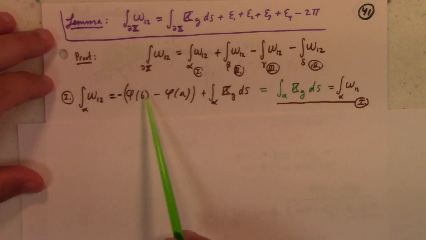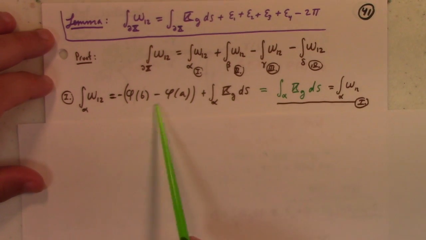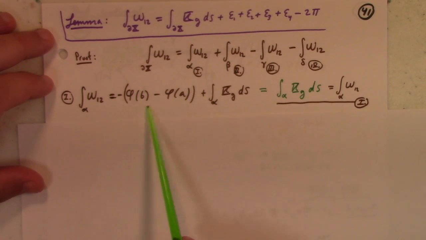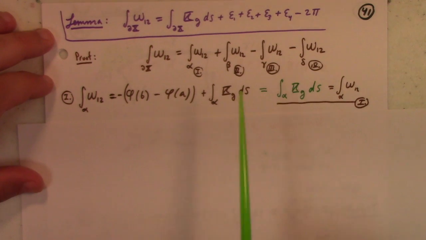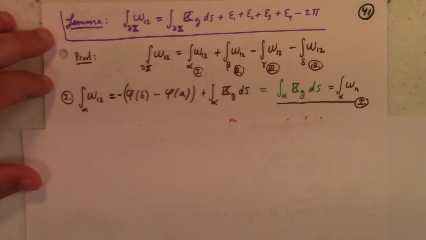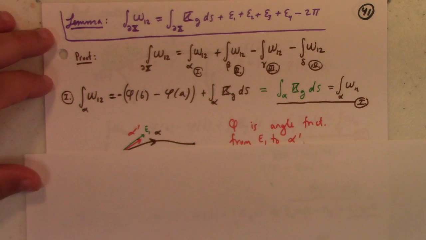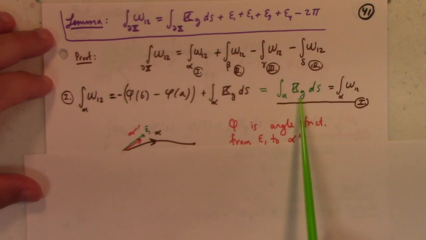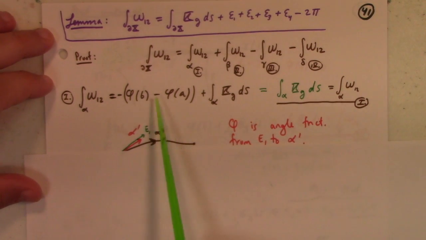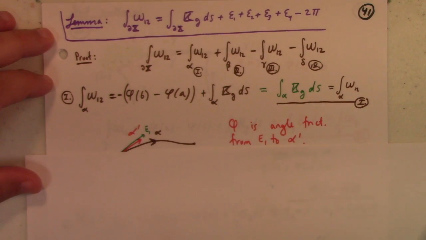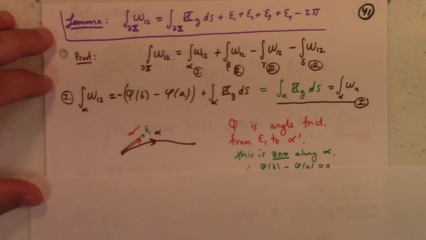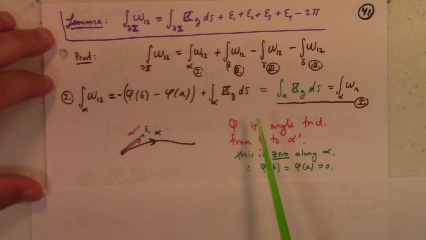And so that's the thing, this is non-trivial for these curve segments, right? And so let's see here. I seem to be arguing that phi of b is equal to phi of a here. I'm not sure why. This is always 0 along alpha. Oh, that has to do with the definition, right?